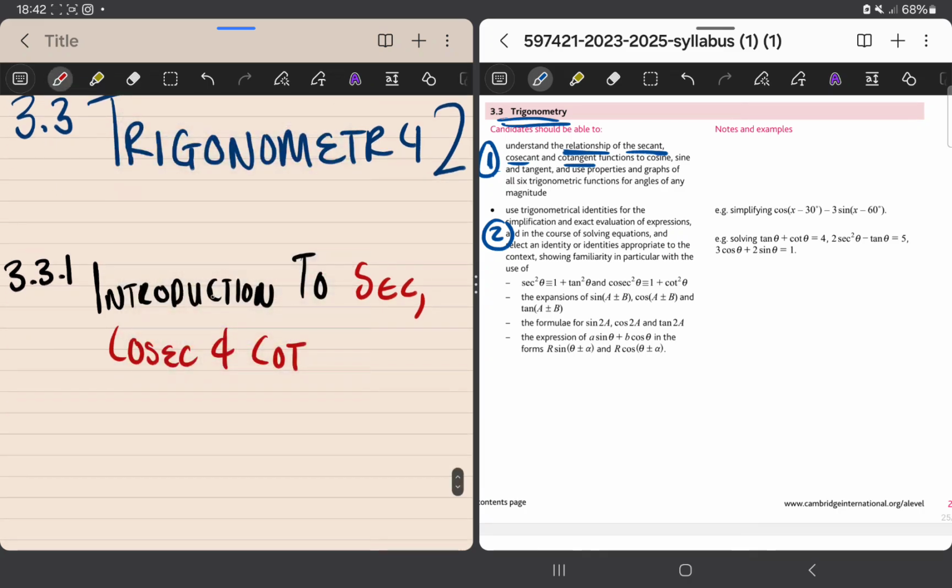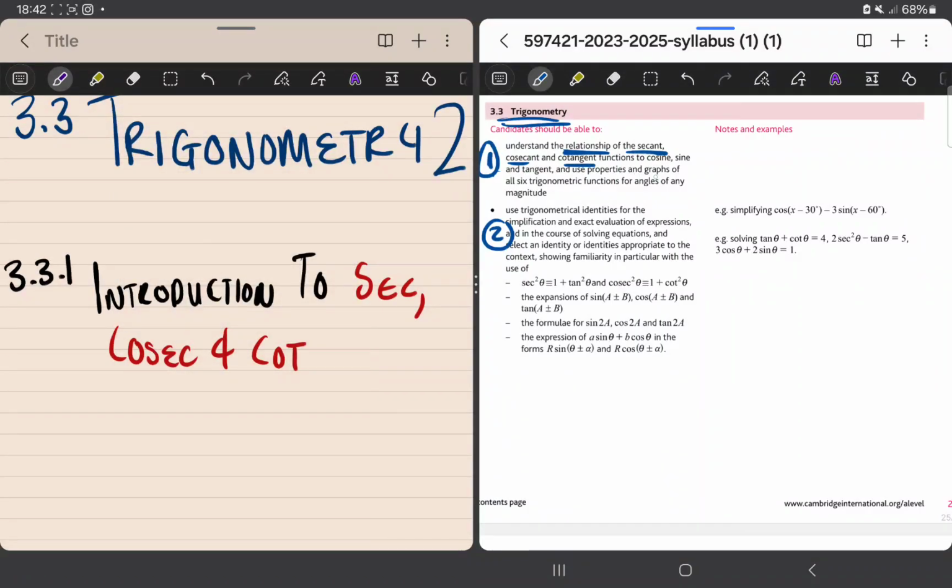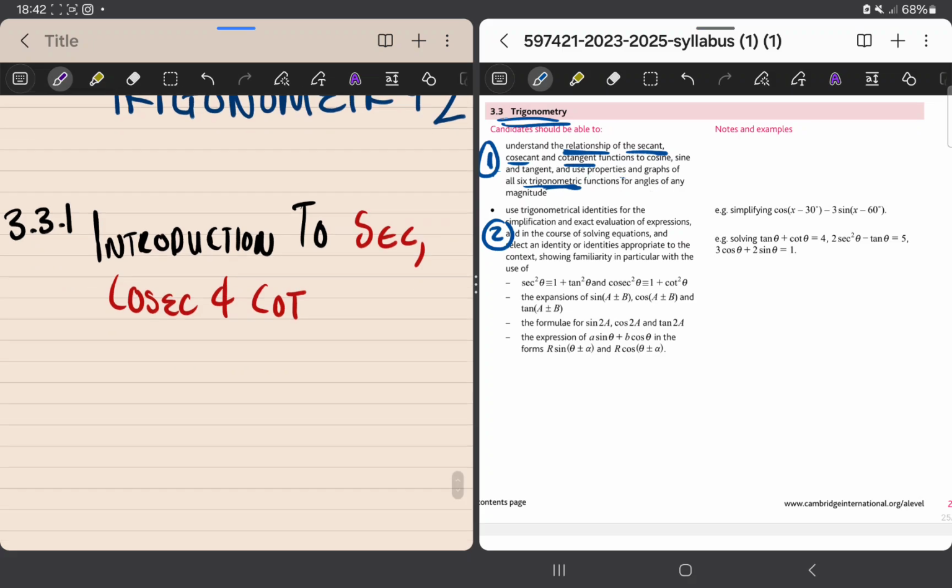And then they said use properties and graphs of all 6. There'll now be 6 because you learned the first 3, sine, cos, tan, right? Then they've now introduced 3 more, sec, cosec, cot. So they are now 6. And they said you should know the properties and graphs of all 6 for angles of any magnitude.